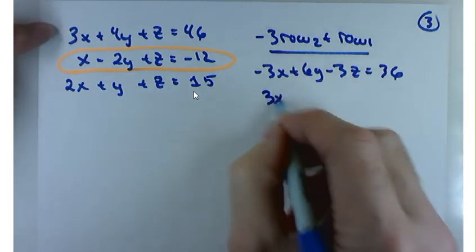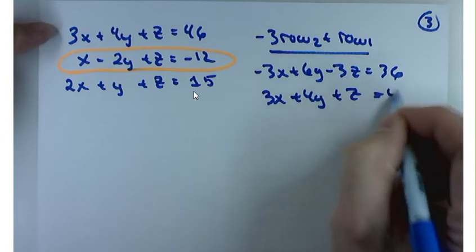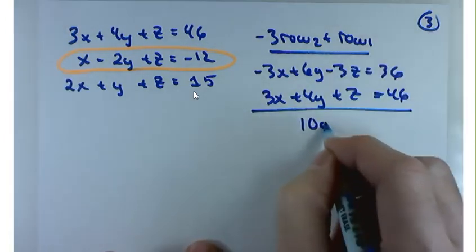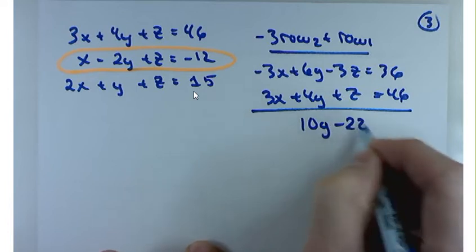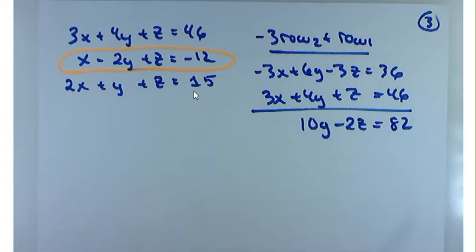To that, I'm going to add the first row, so I'll just copy that down. And end up with 10y minus 2z equals 82. And just leave that equation alone for the moment.